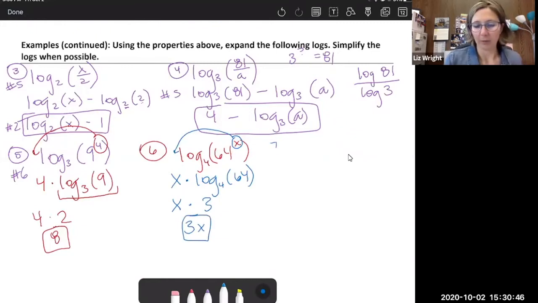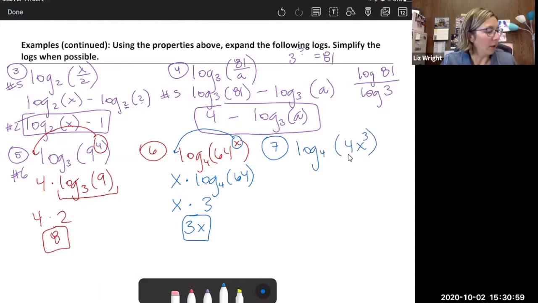All right, number 7. 7 kind of combines several here. So it's going to be log base 4 of 4x to the 3rd. So it's going to be 2 different ones. The one I'm going to tell you to use first is your product property one.